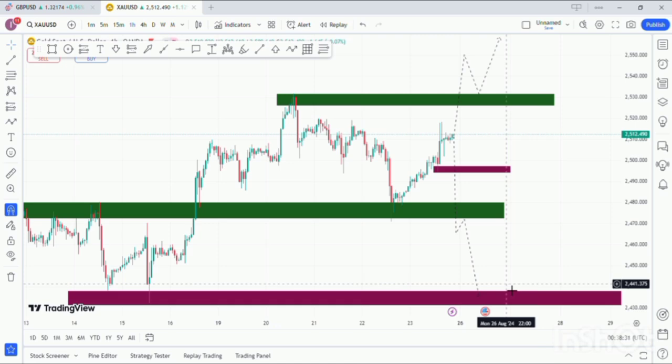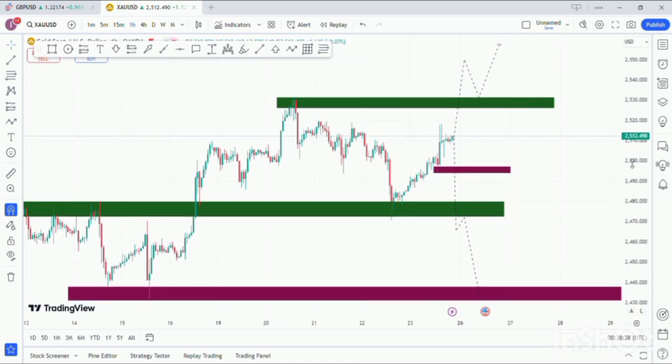So generally for XAUUSD, we'll be expecting price to continue upward by breaking above the newly formed resistance zone on the 1 hour time frame before continuing upward. But on the flip side, if price decides to break below the low on the 1 hour time frame, break below the support zone on the 1 hour time frame, we'll be expecting price to give us a confirmation before continuing downward, guys.